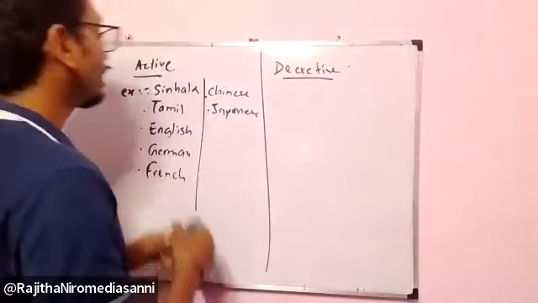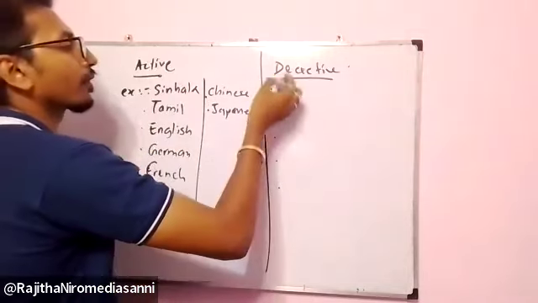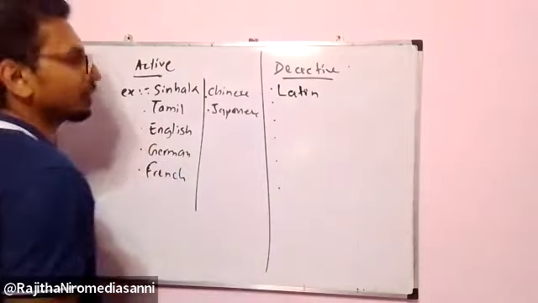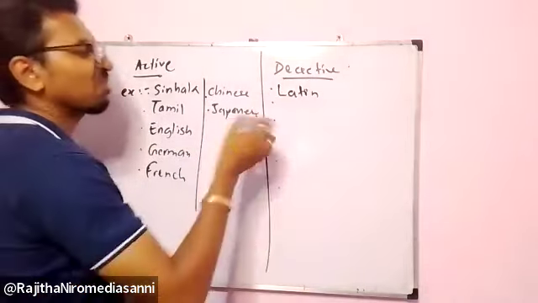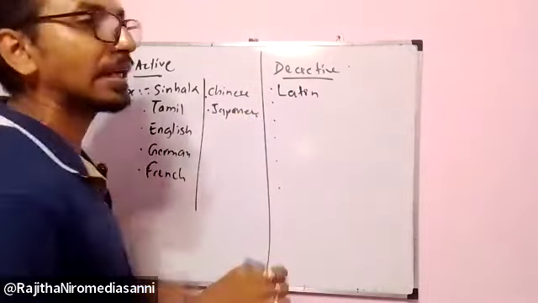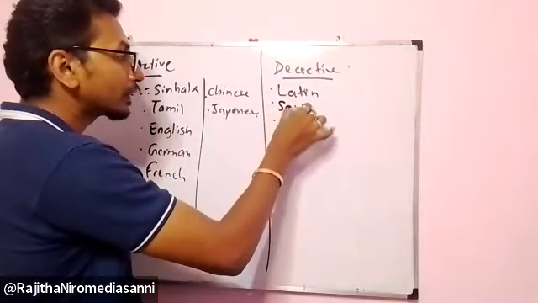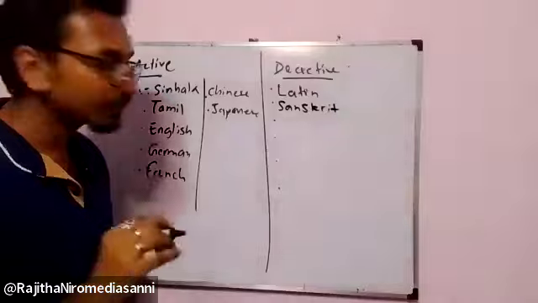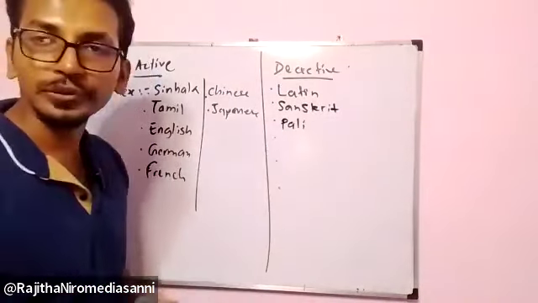Right. For the deactive languages, you can write things like Latin. We see Latin terms in the language subject, but we can't really use Latin now. Sanskrit, the Indian language, just write down Sanskrit. You know the Pali language.